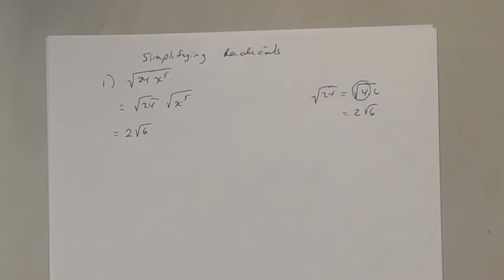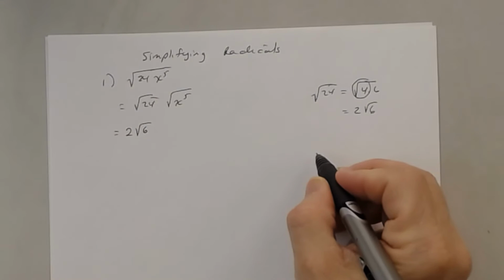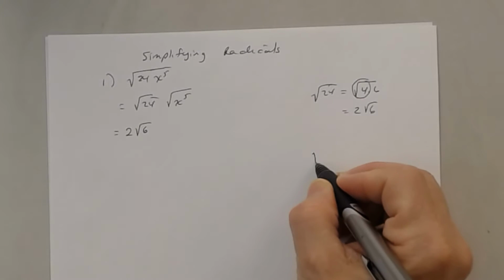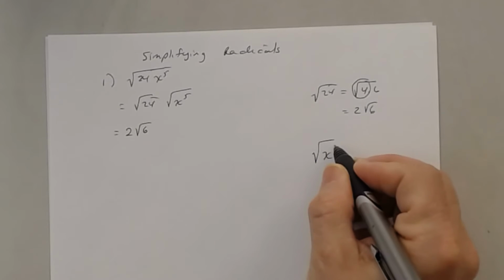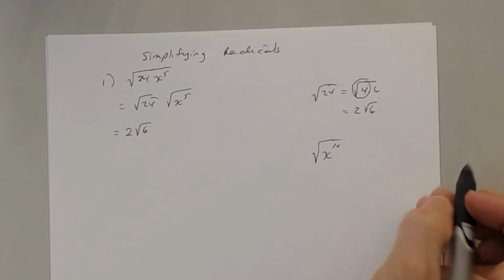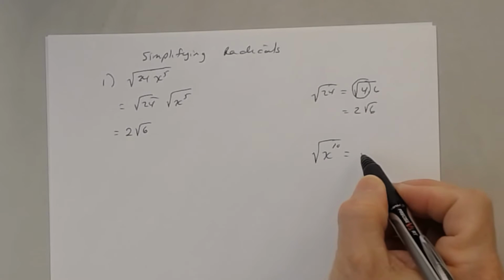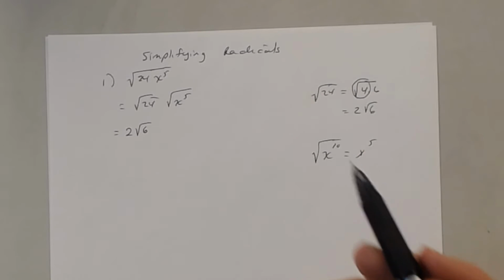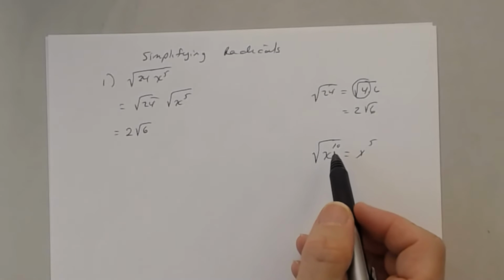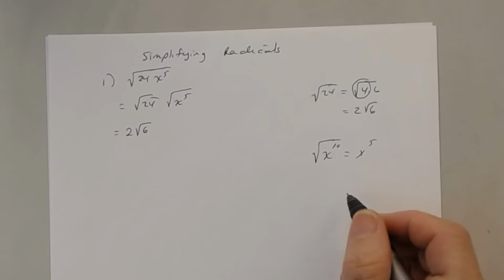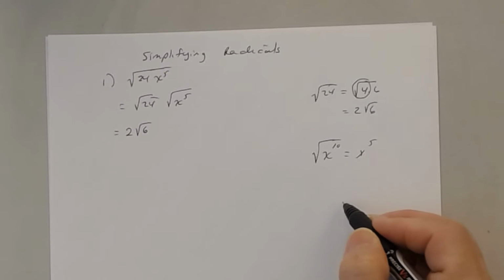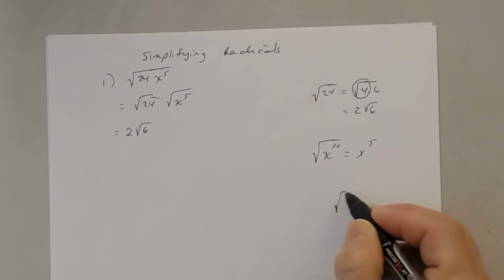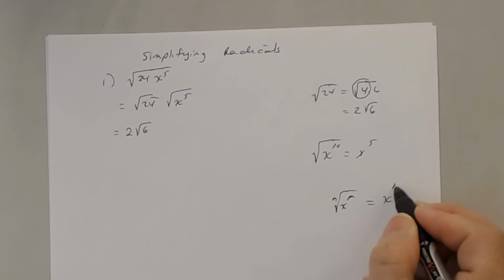Now don't confuse that with what you did for your test, where you had something like the square root of x to the 10th power, let's say. The square root of x to the 10th was exactly x to what power? The fifth. Because basically what you said was, remember there was a rule, the rational exponent rule, that said that if you had the nth root of x to the m, then it was x to the m divided by n.